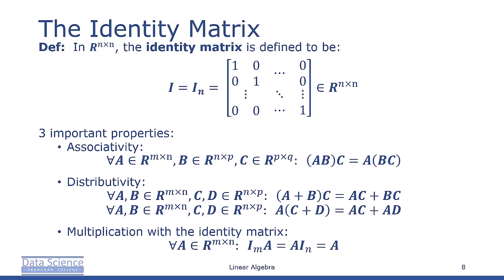Again, assuming that the dimensions work out, (A plus B) times C is equal to AC plus BC, and A times (C plus D) is equal to AC plus AD. Finally, for any matrix A, the identity matrix times A is equal to A times the identity matrix, which is equal to A.